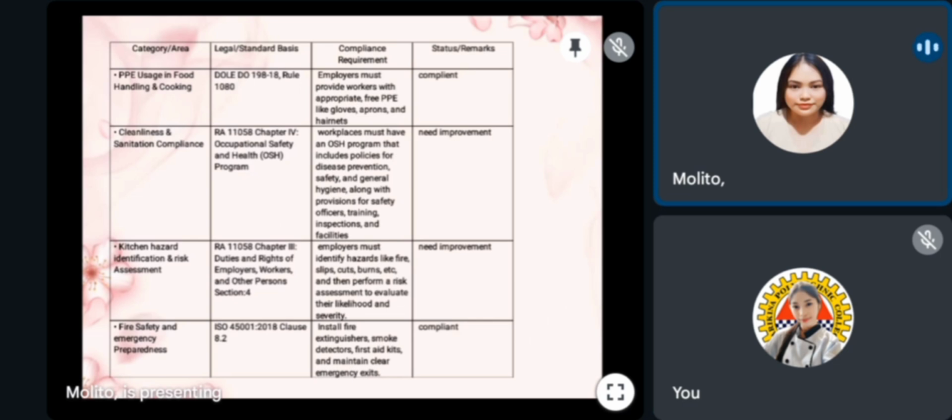Operational excellence, a safe and compliant workplace means less downtime due to injury or violation, and higher staff morale and retention. Legal and ethical responsibility, full compliance with RA 11058 and DOLE regulations avoids penalties and demonstrates an ethical commitment to employee well-being. That's all, and the next 4 parts, Miss Noble Pranca.